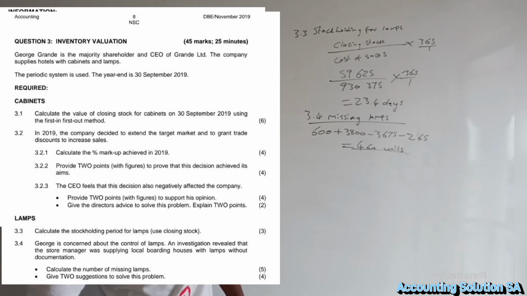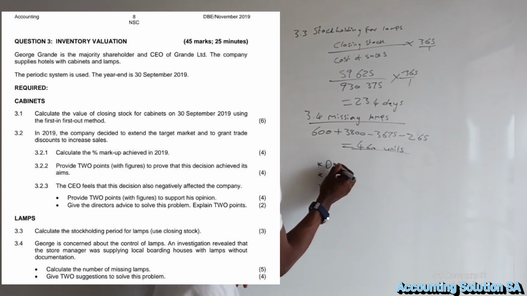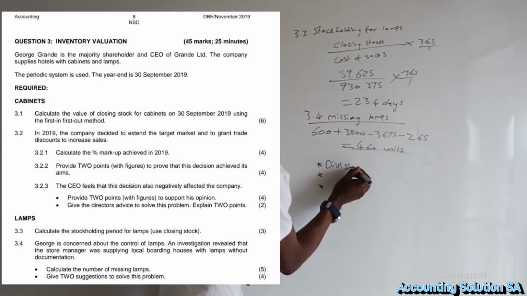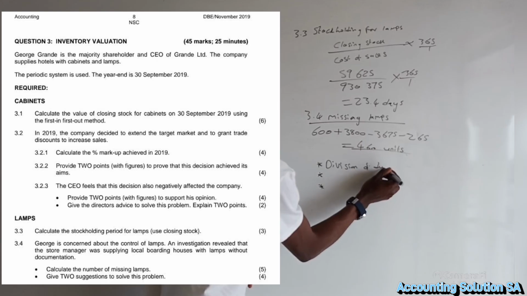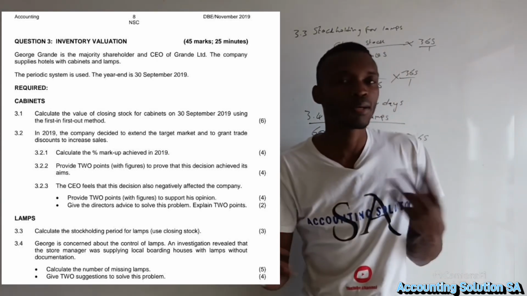Then now let's give 2 suggestions to solve this problem. How are we going to solve this kind of problem, guys, so that at least there won't be any other missing inventory? Number 1, division of duty is very important. Division of duty simply means that you are working with someone.